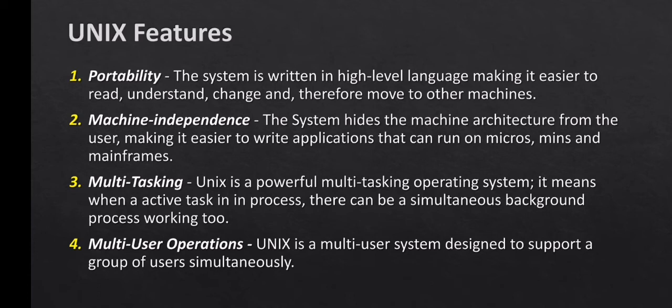The third is multitasking. Now, Unix is a very powerful multitasking operating system. It means when there is an active task in a process, there can be a simultaneous background process working too.